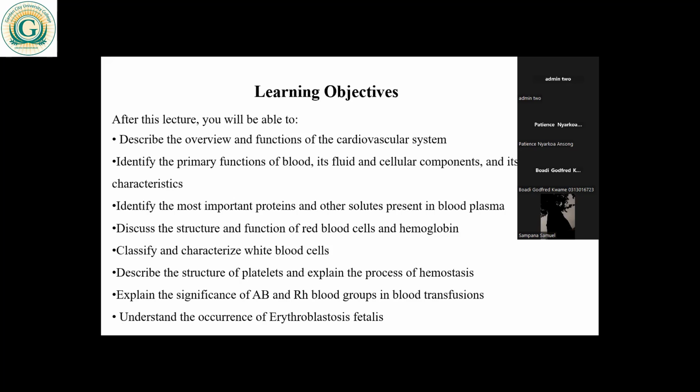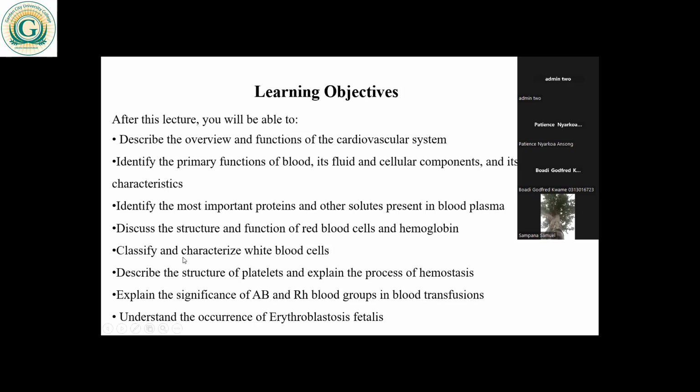So with cardiovascular physiology 1, we want to look at the overview and the functions of the system. We identify the primary functions of the components. We have blood, blood vessels, the heart, and so on. We also identify some proteins and other solids that are found in the blood and what they do.